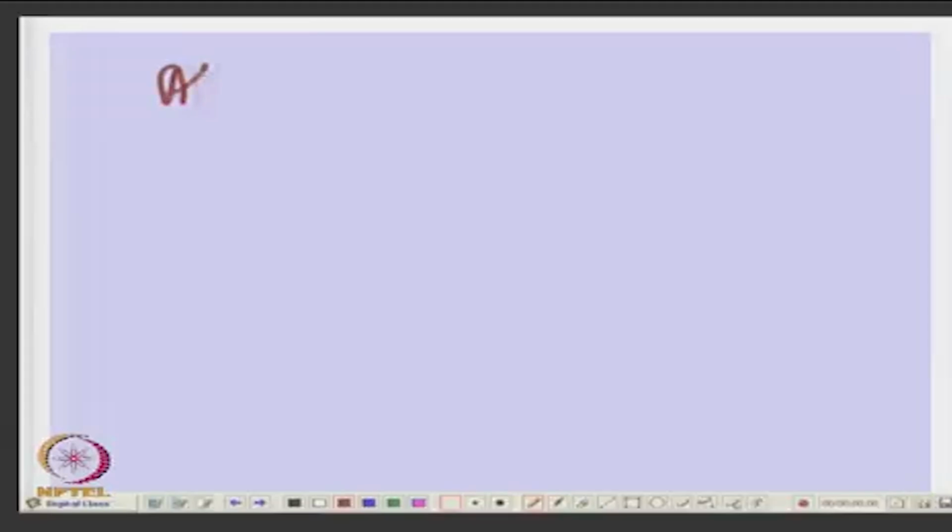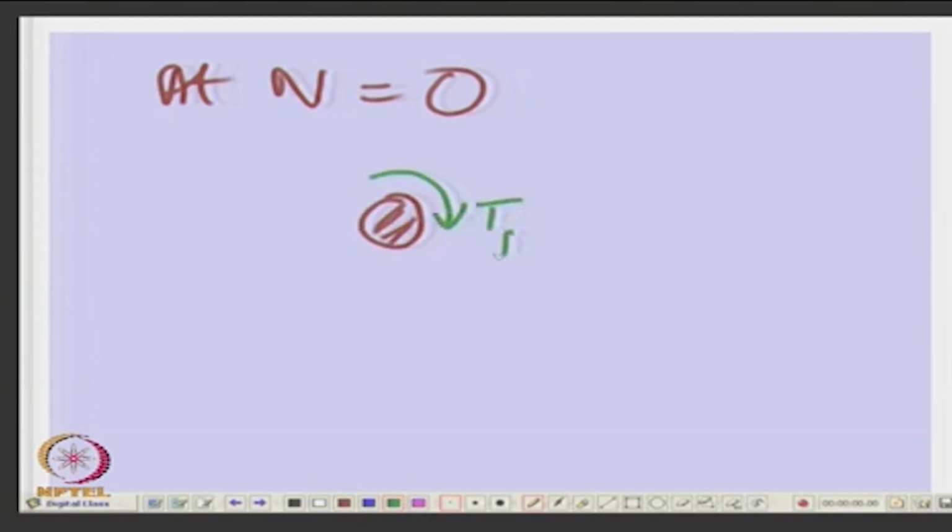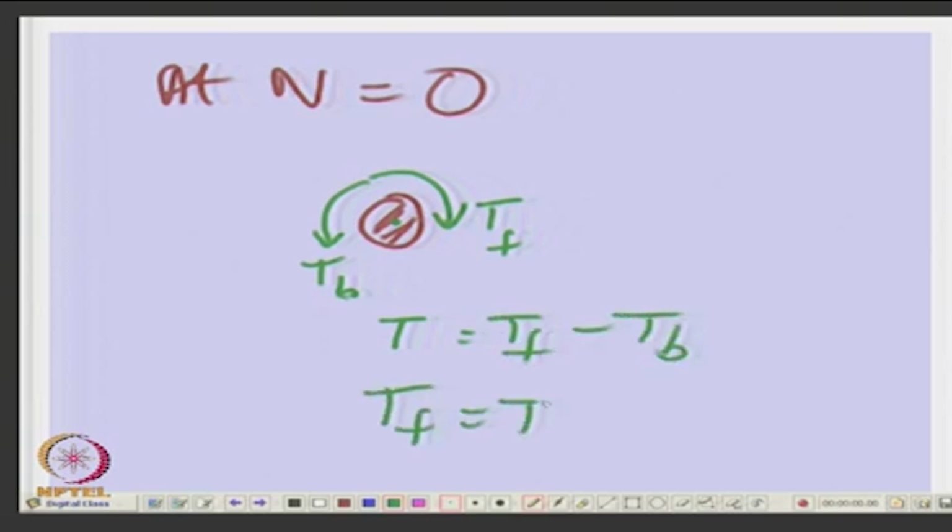Therefore, you will find that at starting, at speed equal to 0, here is the shaft. It will experience a forward torque, it will also experience a backward torque at the same time, because net torque T is equal to T forward minus T backward, and T forward equals T backward.